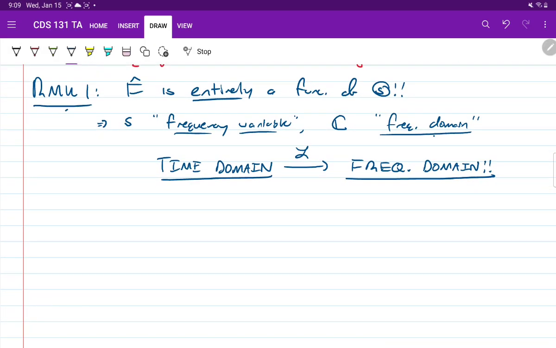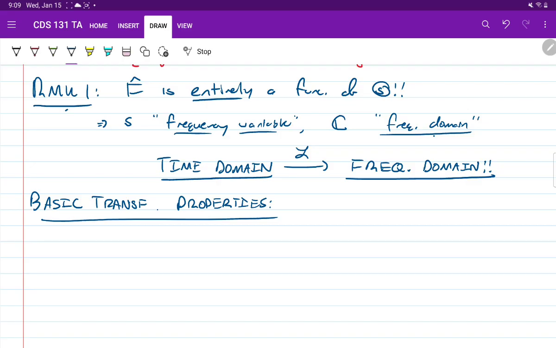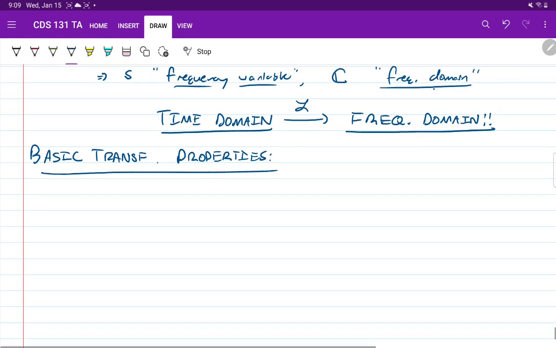All right, so let me outline some very basic transform properties. First, I'm going to talk about the Laplace transform of two really important signals. If we take the Laplace transform of a Dirac delta and evaluate that at any s in C, then it's automatically equal to 1.